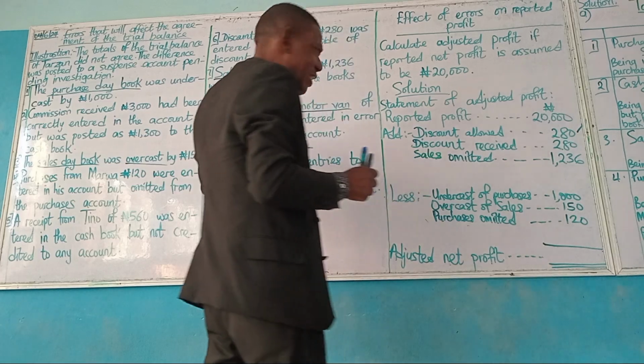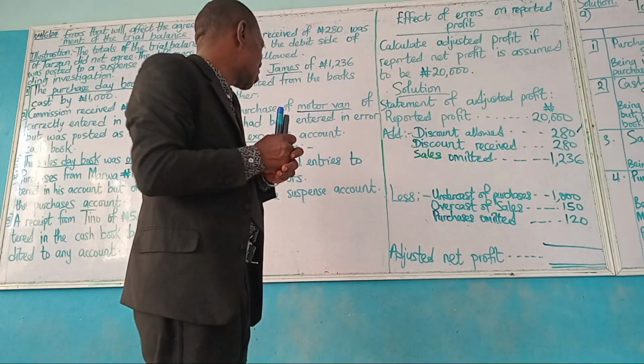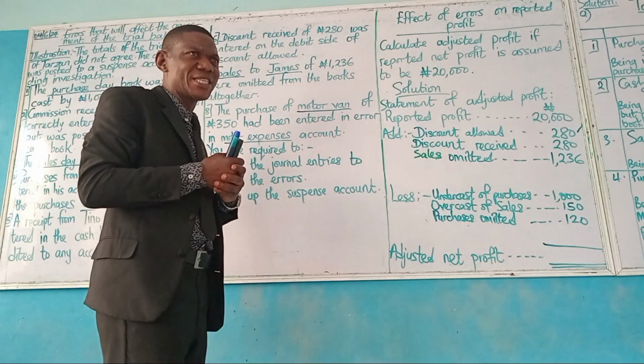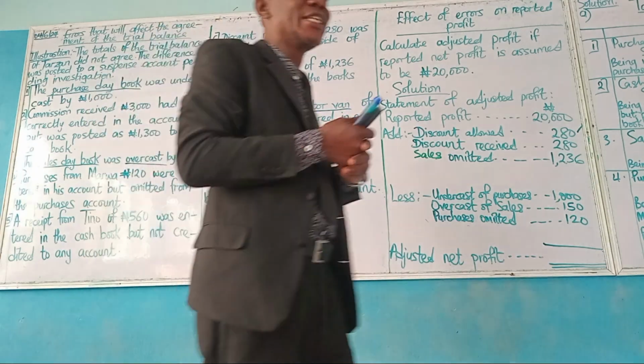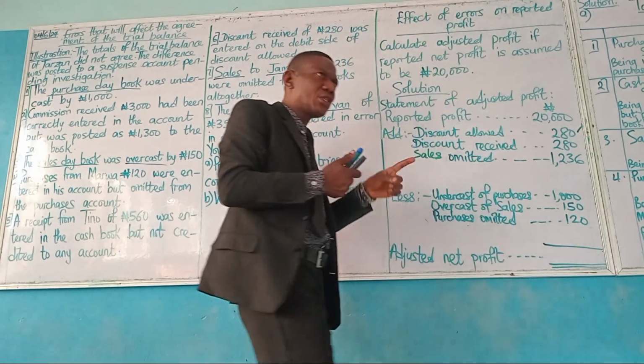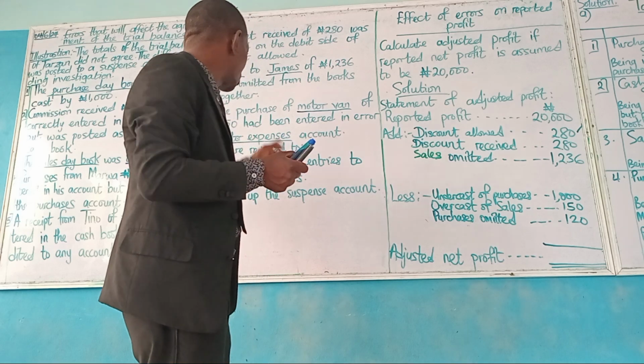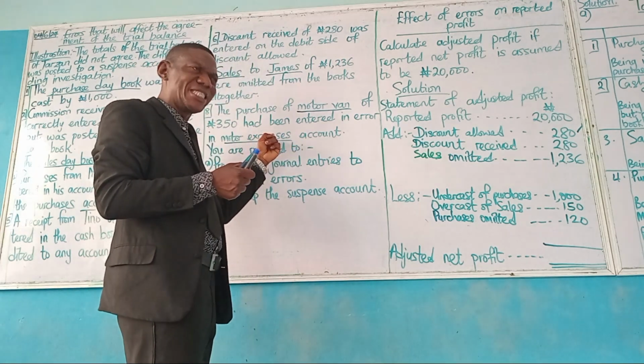Now, when it was entered in the motor expenses account, what was the effect? The motor expenses account is an item that used to appear in the profit and loss account, and it appeared there. It reduced our net profit, so it has reduced our net profit mistakenly.